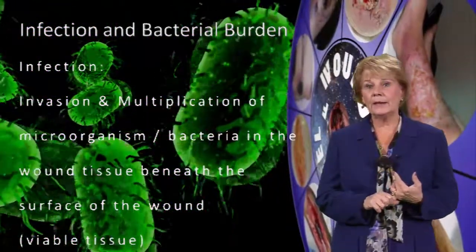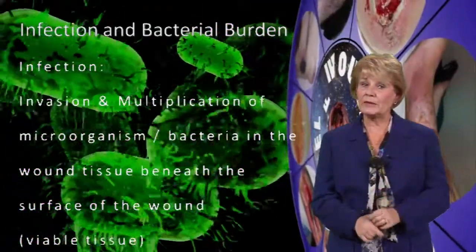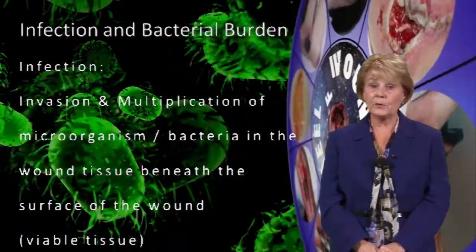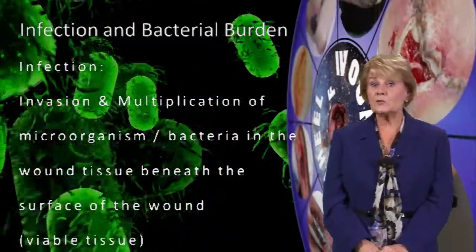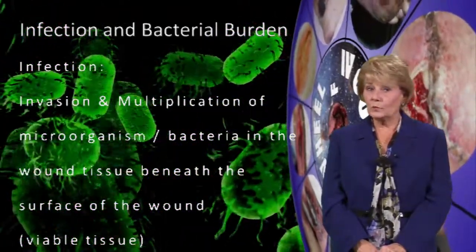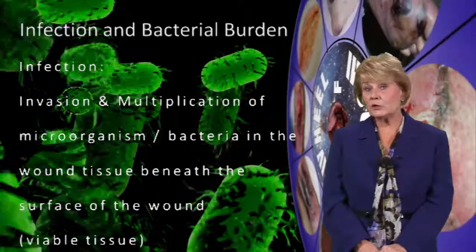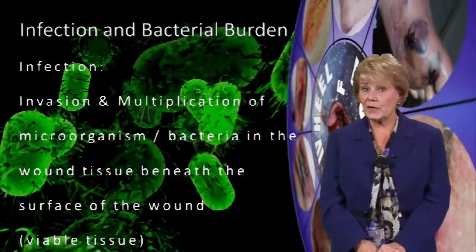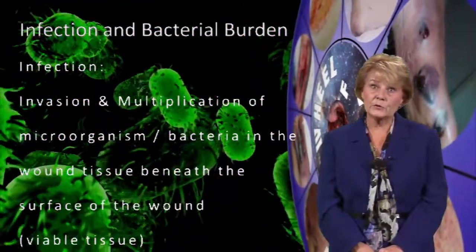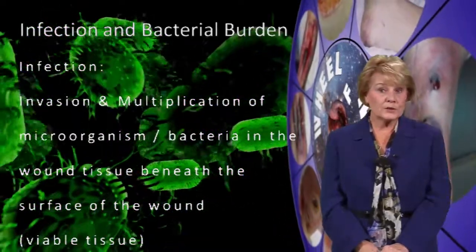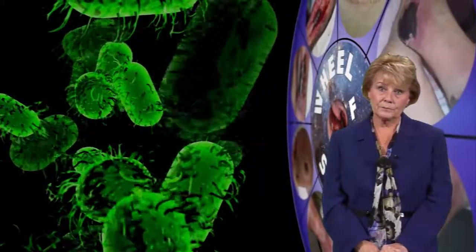As bacteria and associated host inflammatory responses spread to deeper and surrounding tissue, tissue damage results. The wound may be painful. It may begin to increase in size, with potential for new areas of breakdown to occur. Additionally, you may see an increase in temperature and bone exposure.